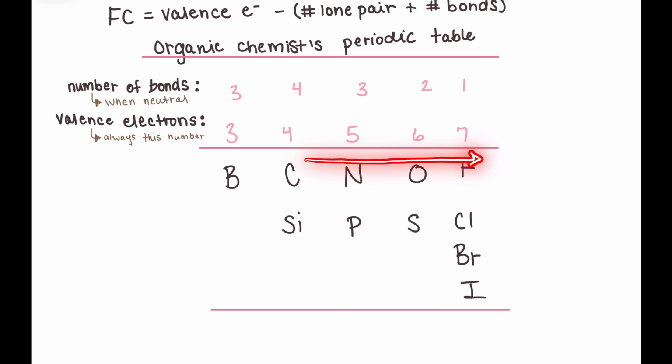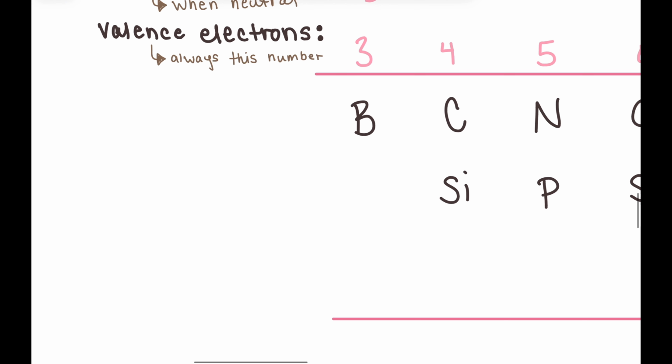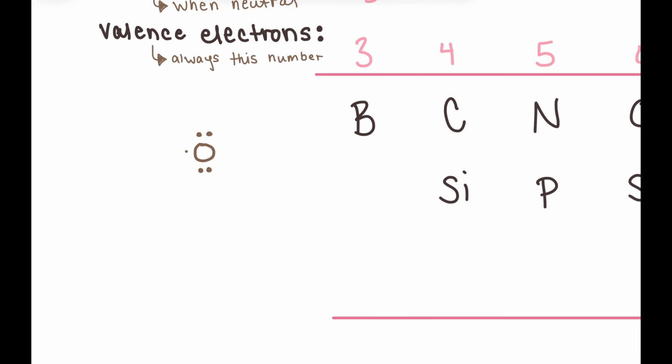That means it does not want to share its valence electrons. So although oxygen has more valence electrons than nitrogen, it wants less bonds because it wants to keep more of its electrons. Very stingy.